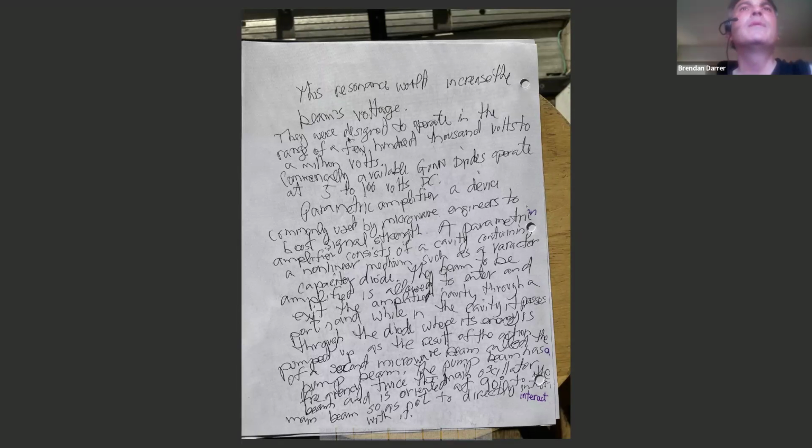They were designed to operate in the range of a few 100,000 volts to 1 million volts. Commercially available gun diodes operate at 5 to 100 volts DC, direct current.